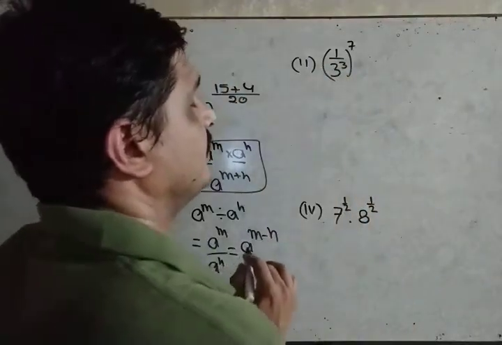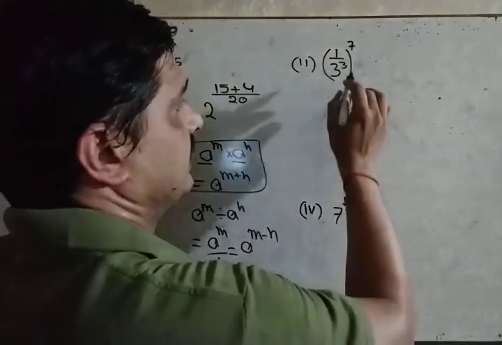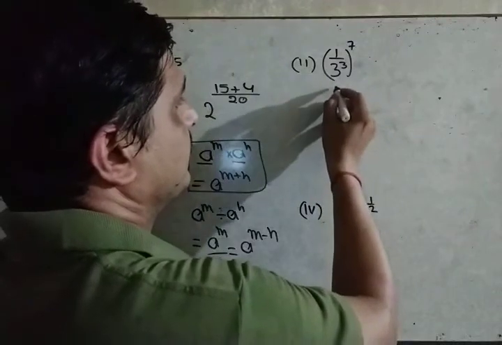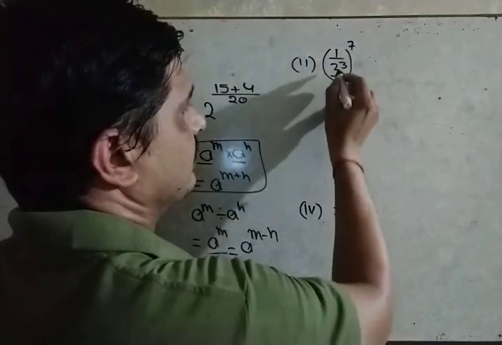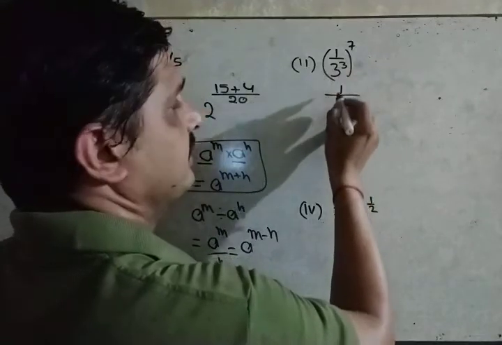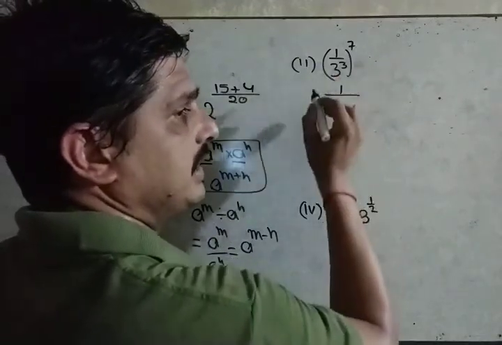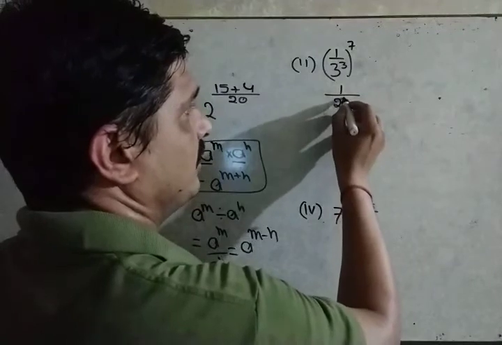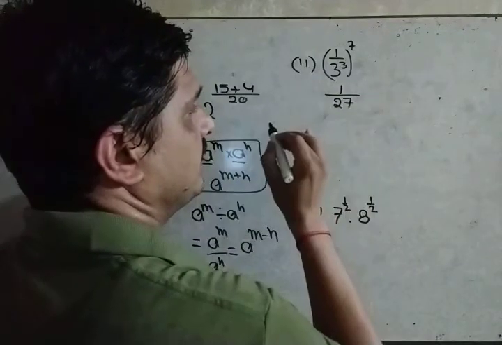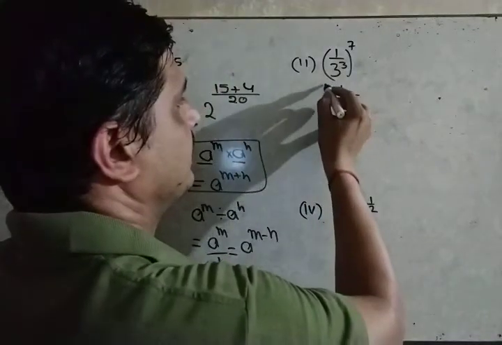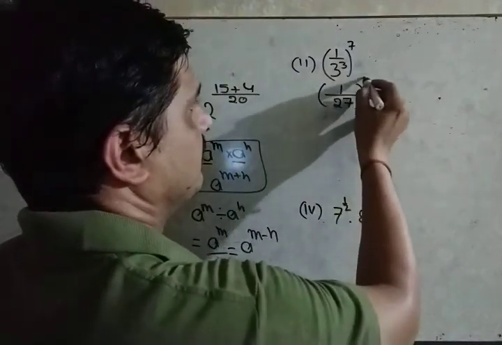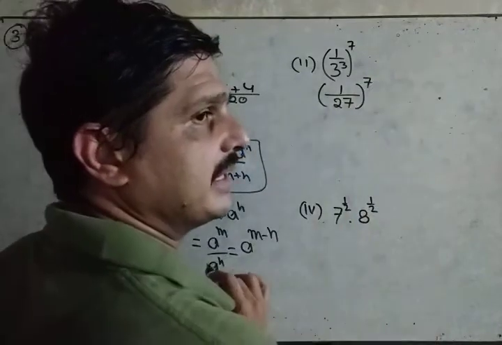Here we know that 1 by 3 into 3 are 9, 27 means 3 into 3 into 3, it is solved as 27, and after that there is power 7 outside the bracket.